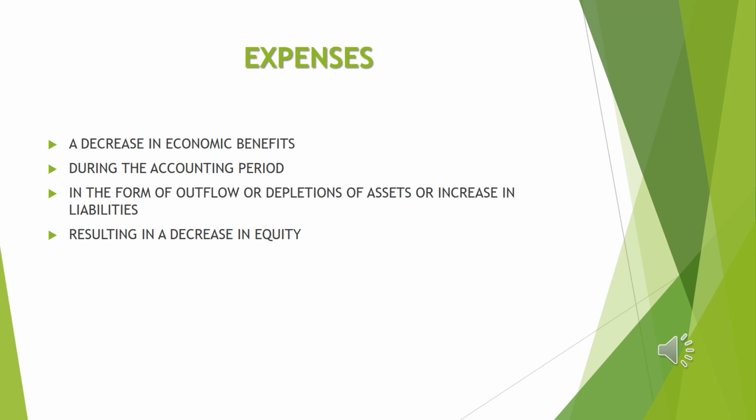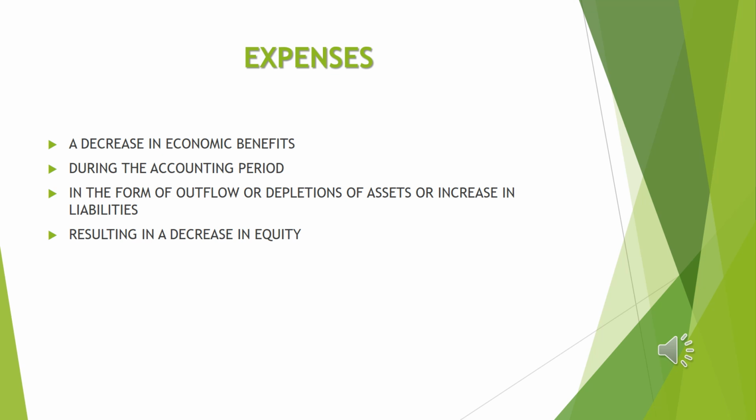Then lastly, let us look at expenses or expenditures. A decrease in economic benefits. By this first part, you can tell that expenses are the opposite of your income. If you're looking at a decrease in economic benefits, we are looking at a decrease with regard to the inflows that we are able to receive.